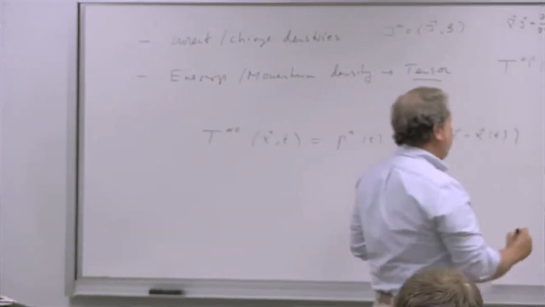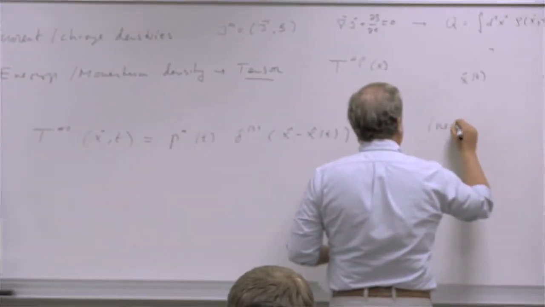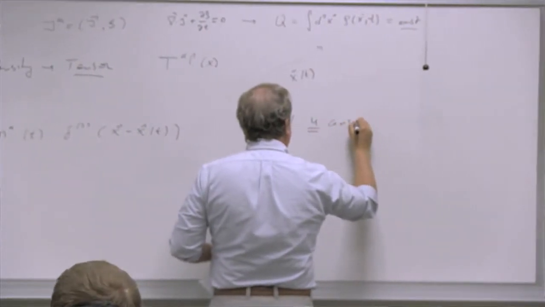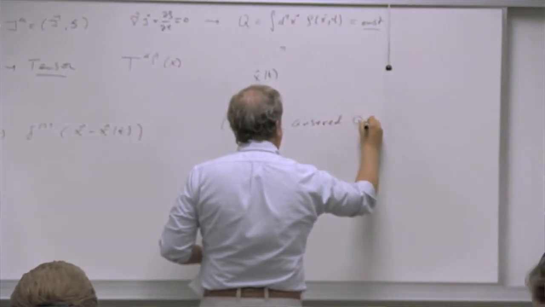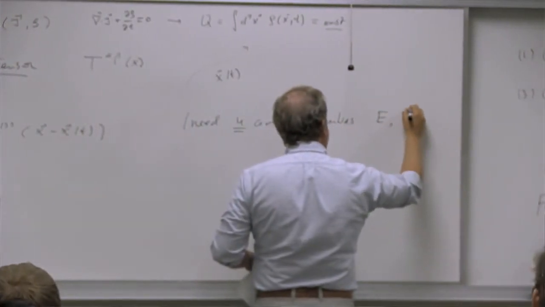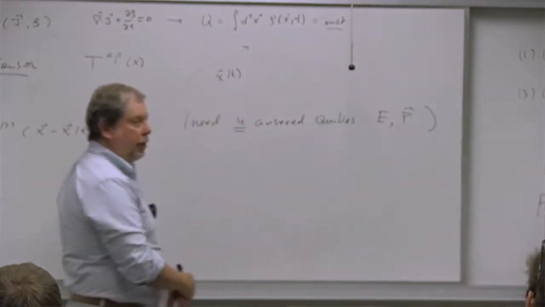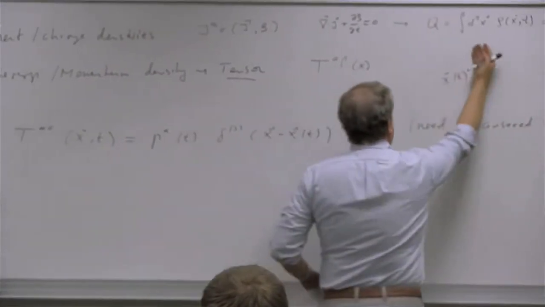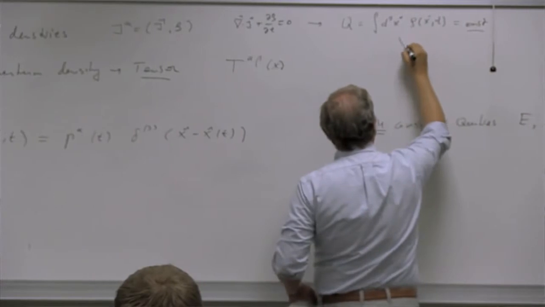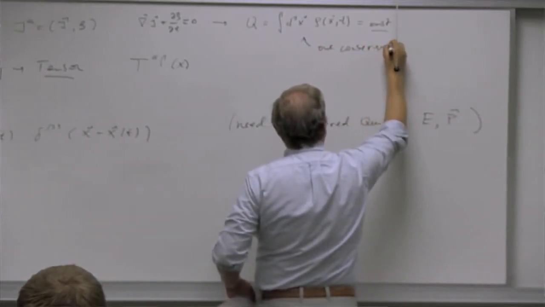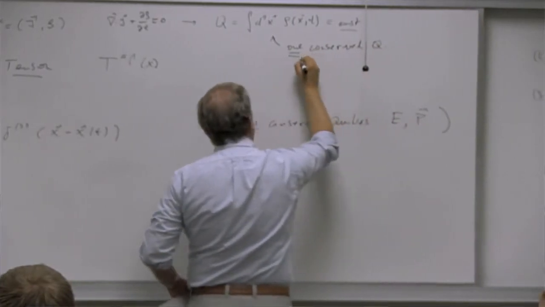So we need 4 conserved quantities, right, which are the energy and the momentum, the total energy and the total momentum, right? We need to have 4 of those, and in this case, we have 1 conserved quantity, right? 1 conserved quantity.